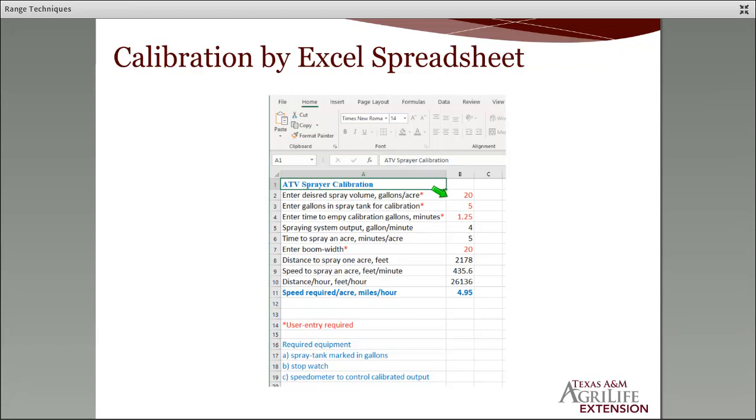You enter in the gallons per acre desired. So let's say we want to spray 20 gallons to the acre. You enter in how many gallons you dump in a tank. Let's say I dump a 5-gallon bucket in a tank. You spray that tank out and time how long it took to empty those 5 gallons, in minutes. Right there it was 1¼ minutes.